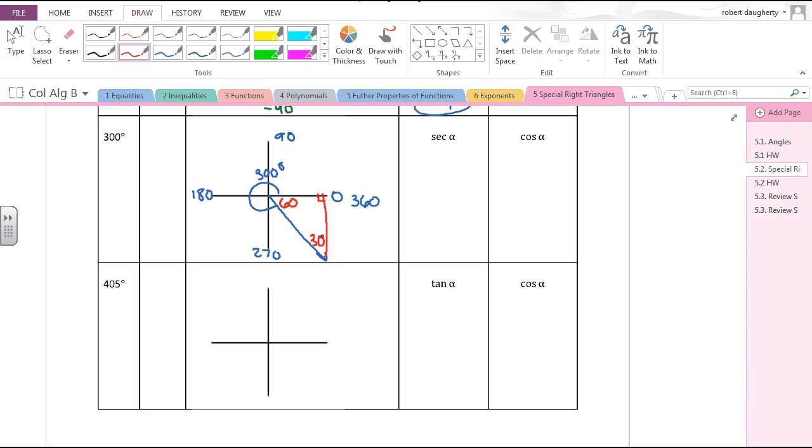So what's the value of the hypotenuse? 1. How do I then fill out the rest of the sides? What are the values of the other two sides?